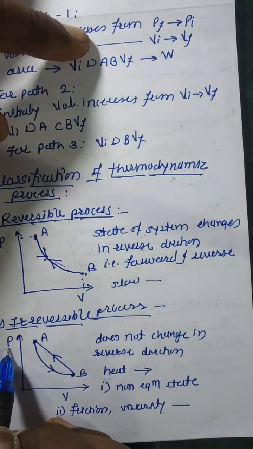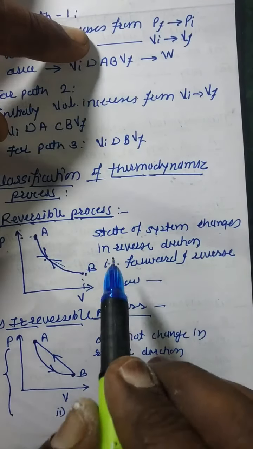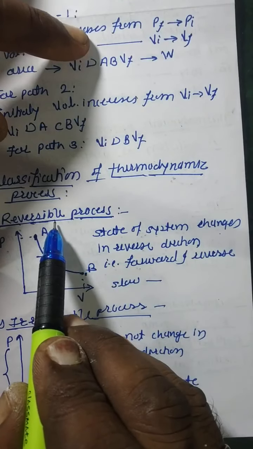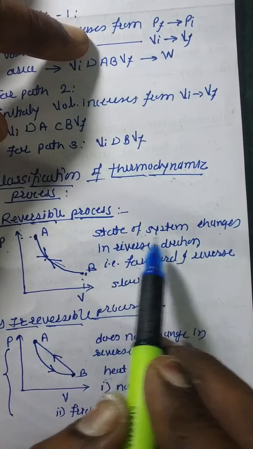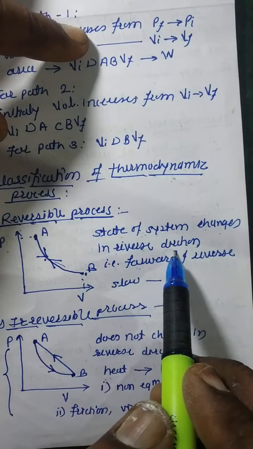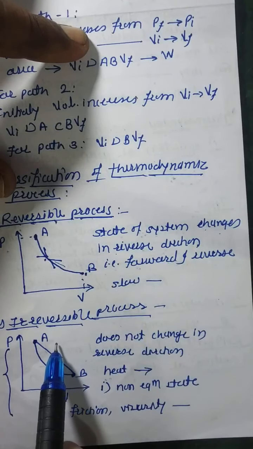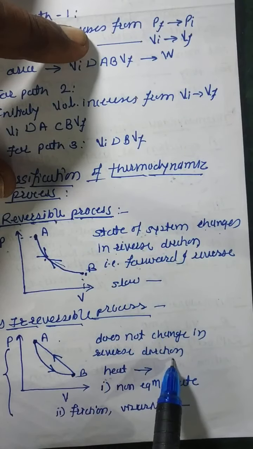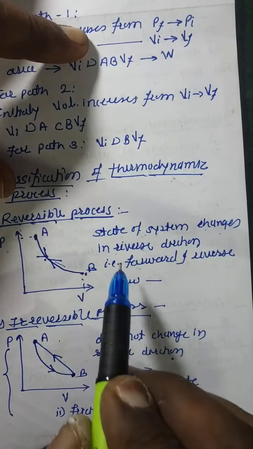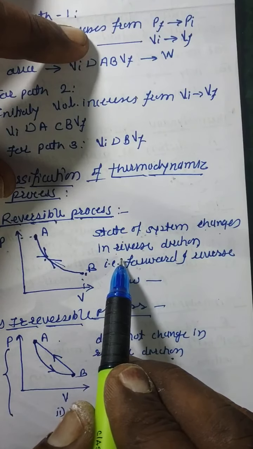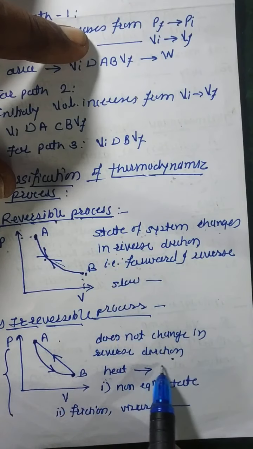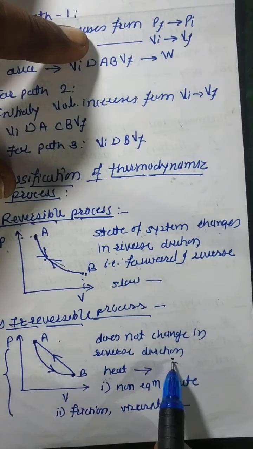Reversible process, irreversible process, ह्या दोघात डिफरन्स काय आहे मग. The thermodynamic process in which state of system changes in reverse direction. In this process, state of system does not change in reverse direction. In this case, forward and reverse directions are same. In this case, they are not same.